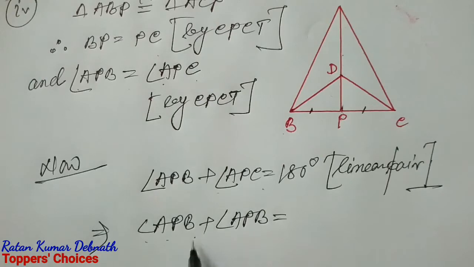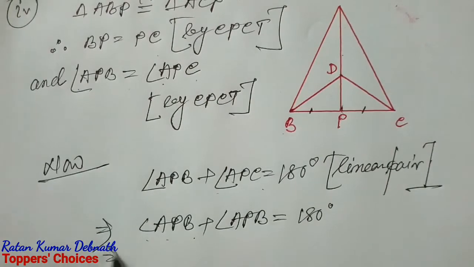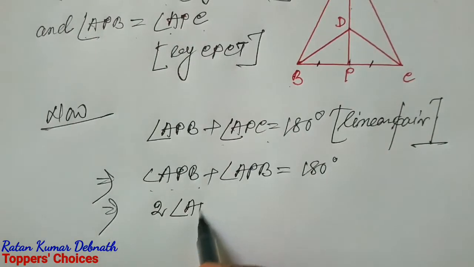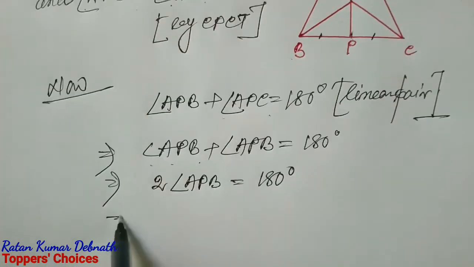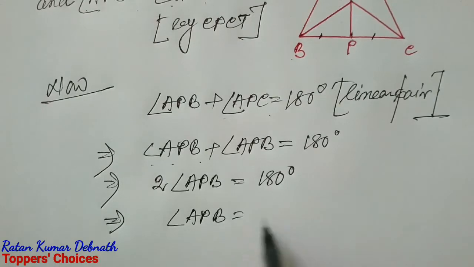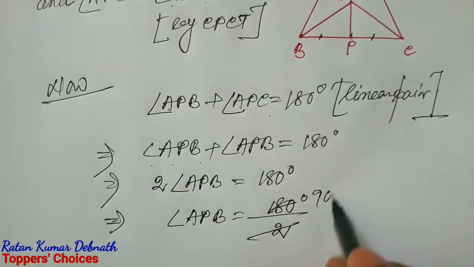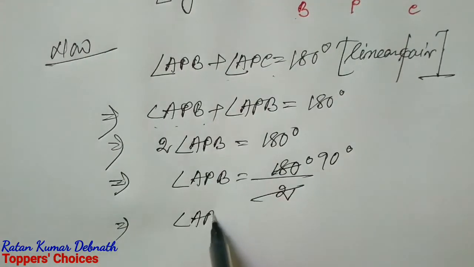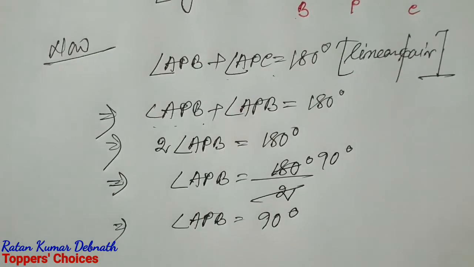Therefore APB plus APB equals 180 degrees. That is, 2 times angle APB equals 180 degrees, which implies angle APB equals 180 divided by 2, that is 90 degrees. Therefore angle APB equals 90 degrees.